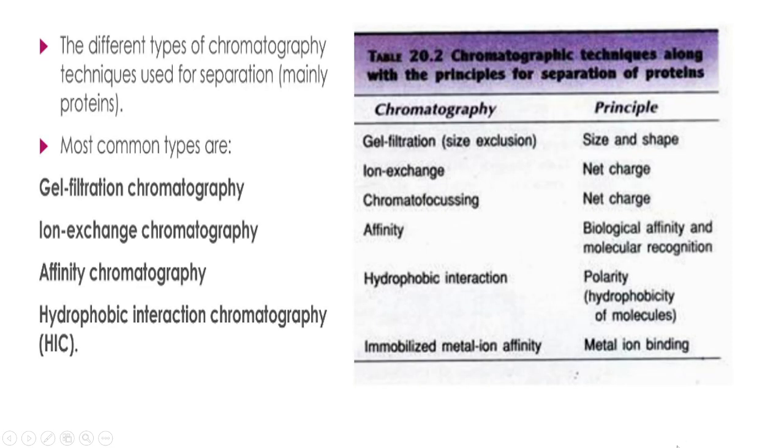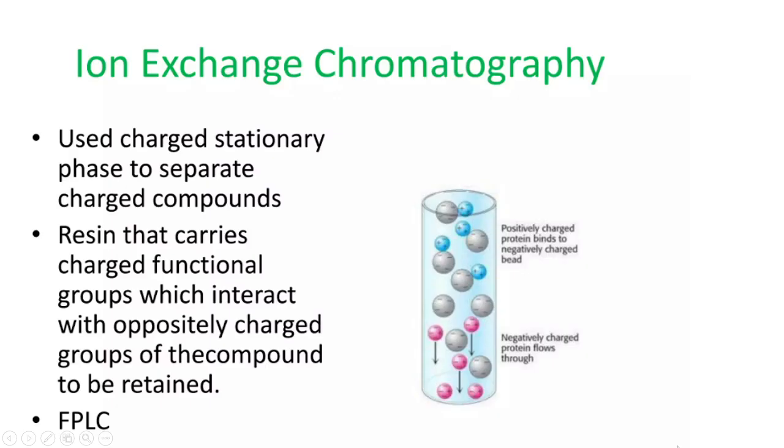There are different types of chromatography like gel filtration chromatography, ion exchange chromatography, affinity chromatography, each of which is based on different properties of the molecule to be separated. So ion exchange chromatography, here you will be using a charged stationary phase to separate charged compounds.